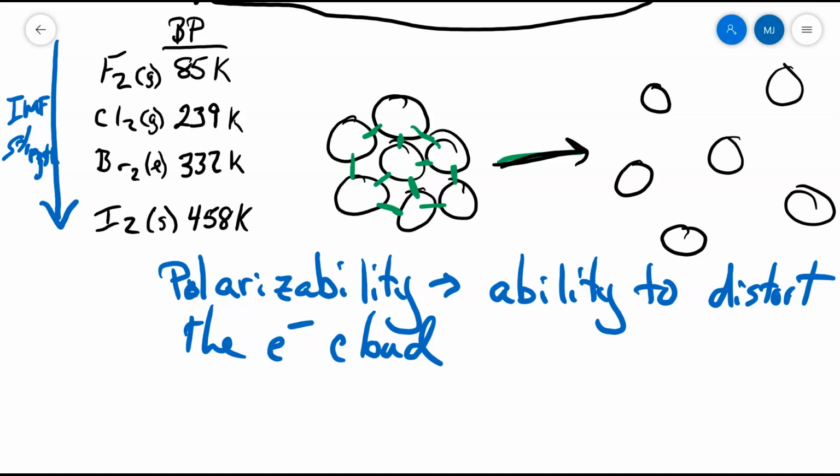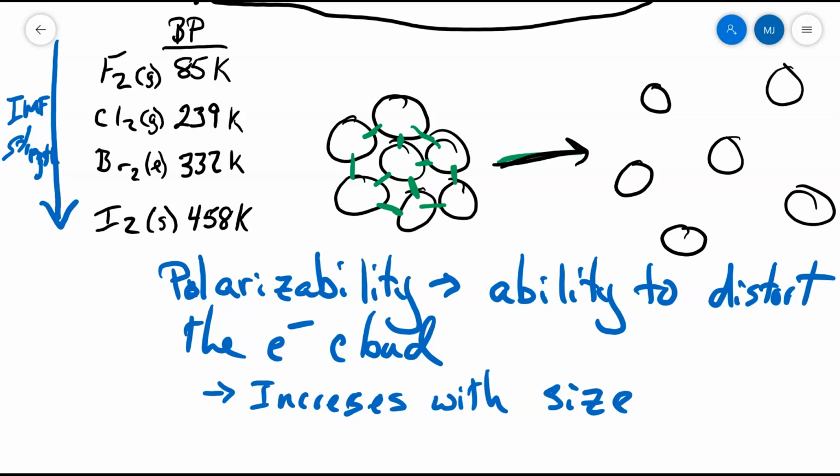And so polarizability increases with the size, the molecular weight. The bigger the compound, the bigger the element, the easier it is to distort those electrons and push them around.